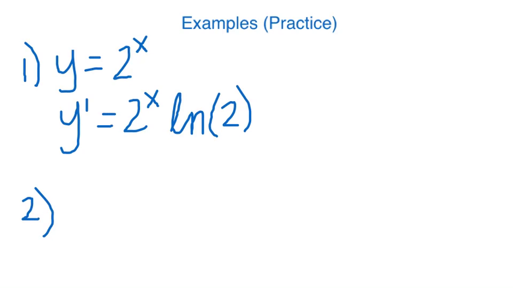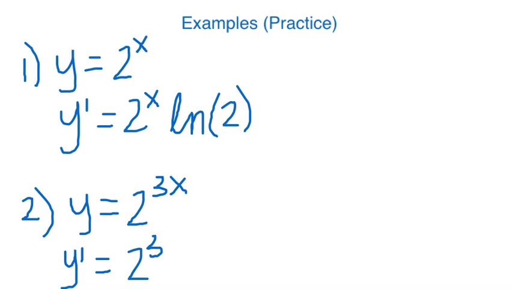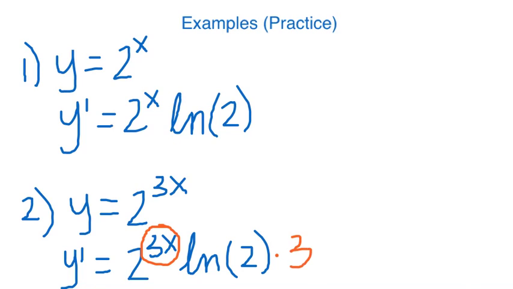Number 2. Let's say I give you y equals 2 to the 3x. I want you to pause the video and think about how you would take the derivative using the rules. It would just be 2 to the 3x multiplied by the natural log of 2, but then we also need to multiply by the derivative of the power, so the derivative of 3x, which is 3.